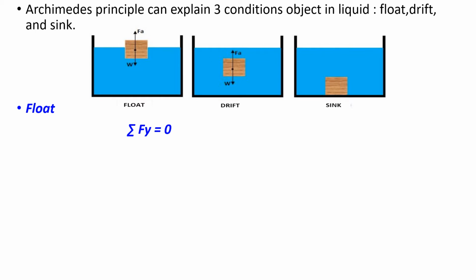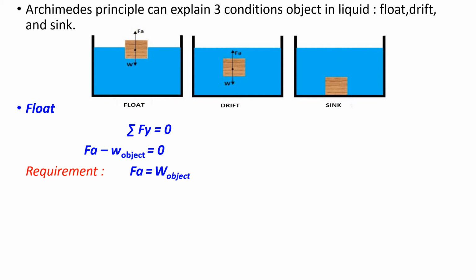On the object, there are two forces at work. So, the resultant force on the y-axis is Fa minus weight of object equals 0. From this we get the requirement for floating: Fa equals weight of object.